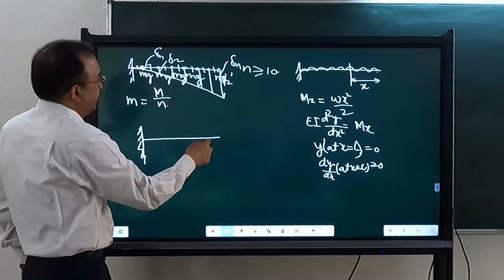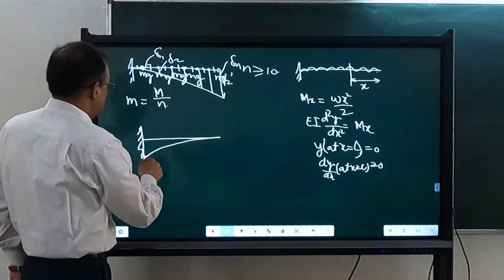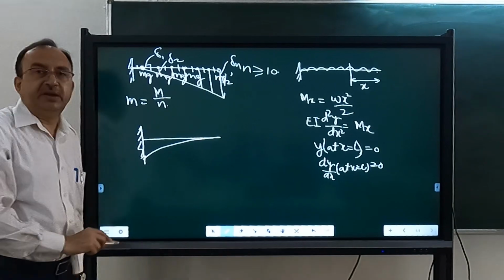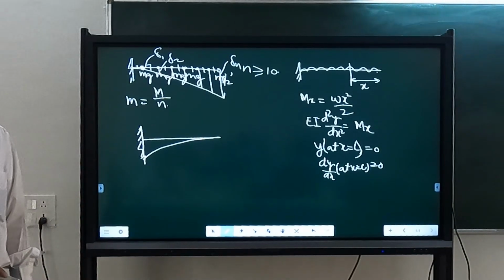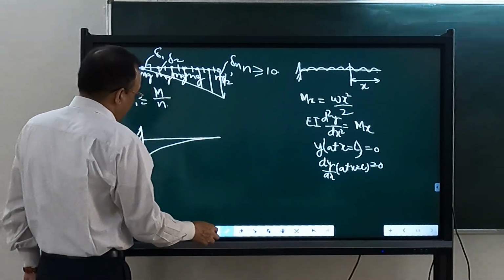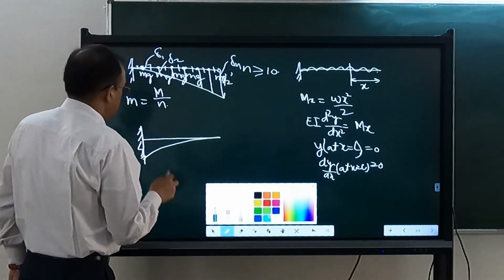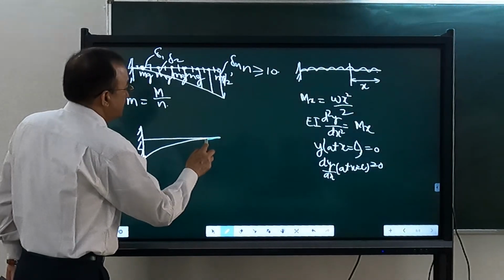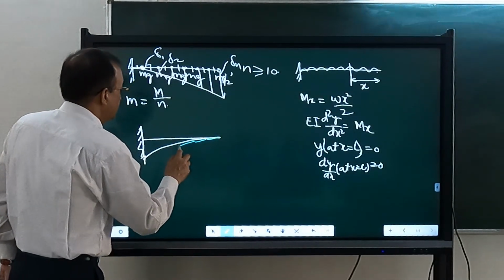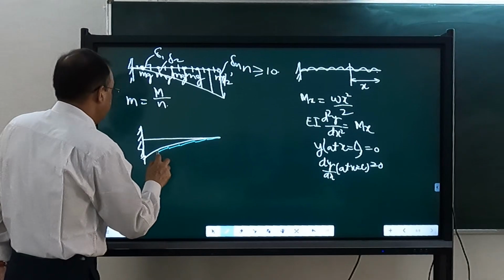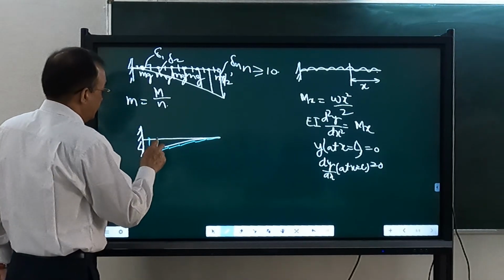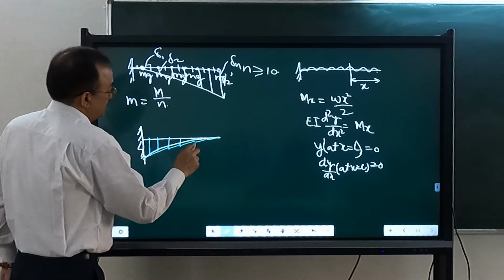Actually, because of UDL it is parabolic, as you have seen. But we have divided this into different points, so the bending moment diagram will be piecewise linear, linear between different points.